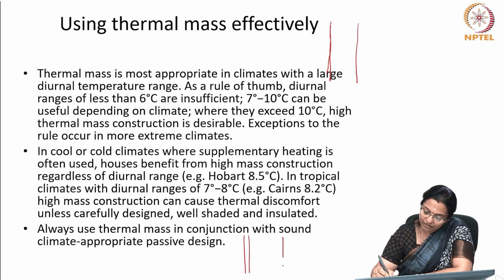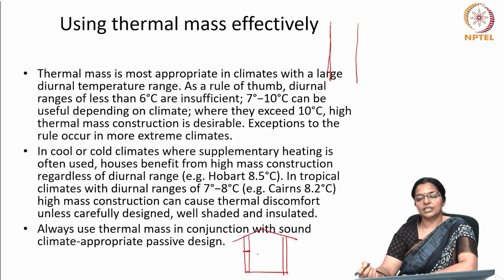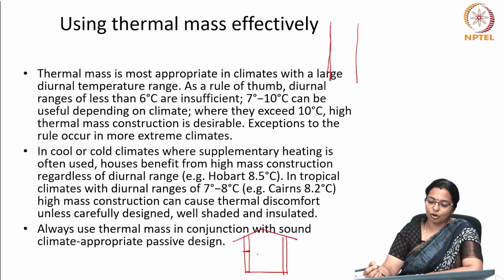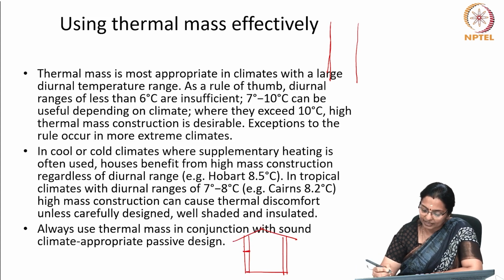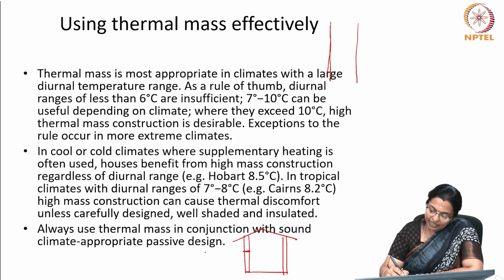So, you have a thick wall and diurnal variation. Say, let us look at a variation of 10 degrees or 12 degrees. So, during the day, the temperature is 35 degrees centigrade, and at night it is 25 degree or 23 degree centigrade.